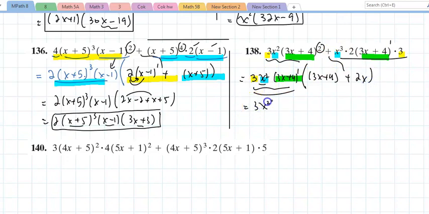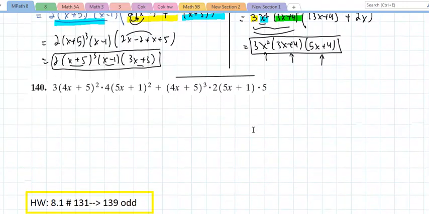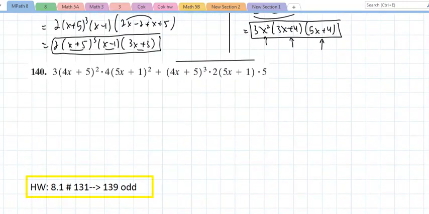So that's 3x squared into (3x plus 4) into (5x plus 4). And there it is. Where would this equal 0? At x equals 0, at x equals negative 4/3, and at x equals negative 4/5. Very important to do. And those are important enough for me just to dedicate a special lecture just for them.